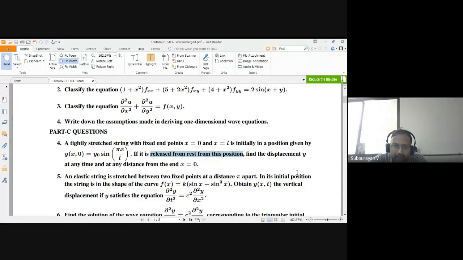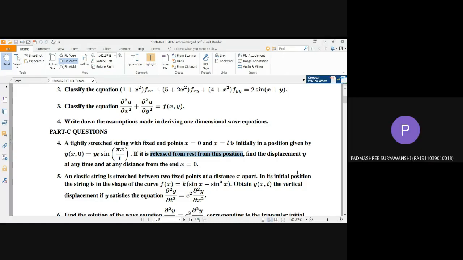Released from the rest position means the string is initially at rest. If there were any velocity profile acting on the string, then it would automatically move from one place to another. That is nature. Do you agree with this? Yes, sir.